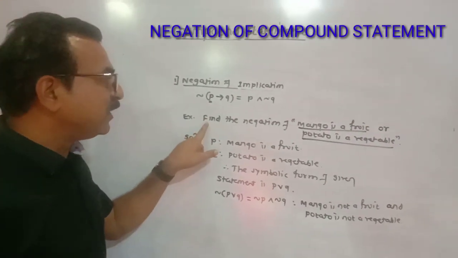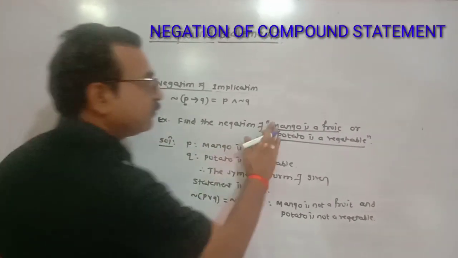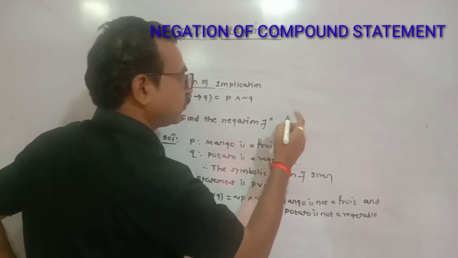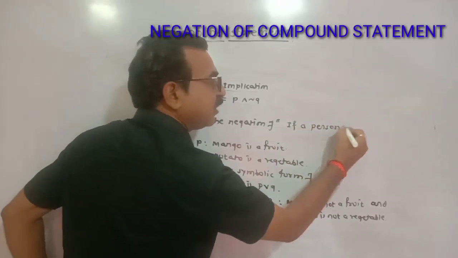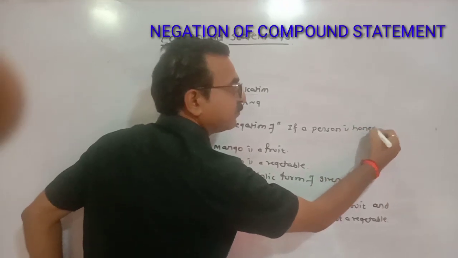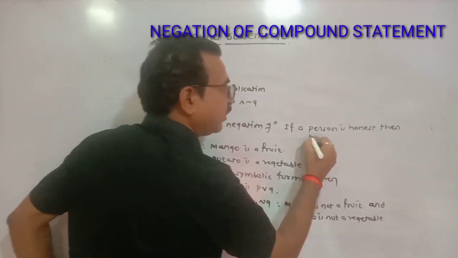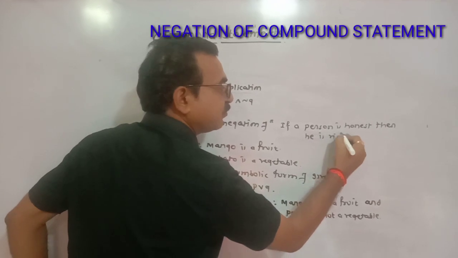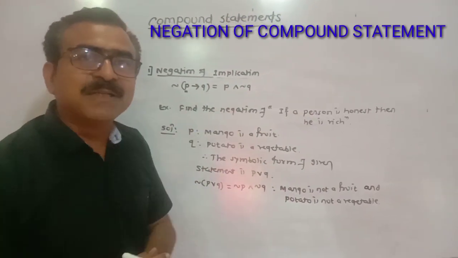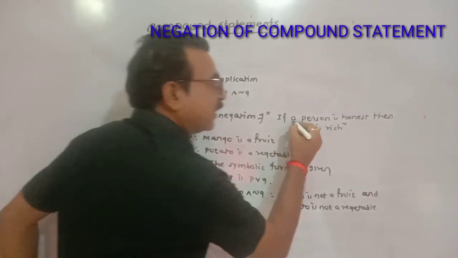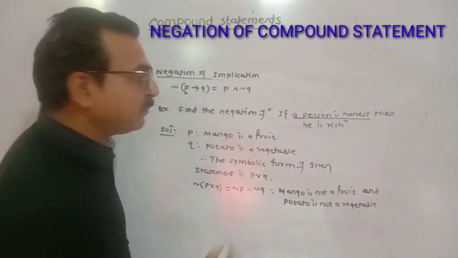So your example is: find the negation of "if a person is honest, then he is rich." Okay, so in this example there are two statements. A person is honest, that is your first statement.